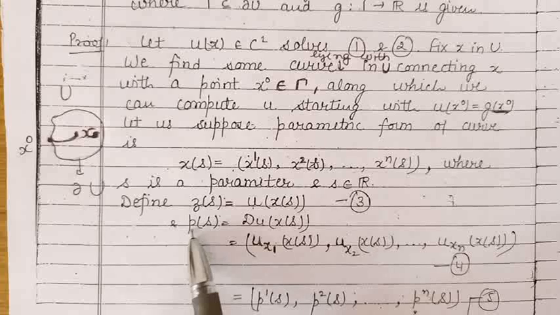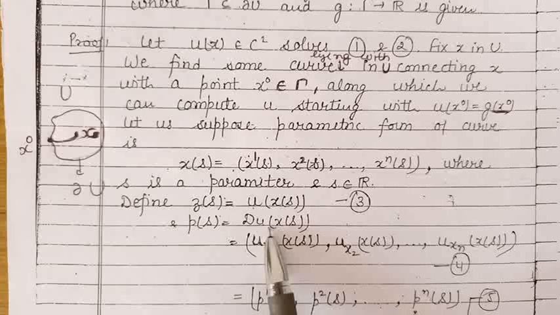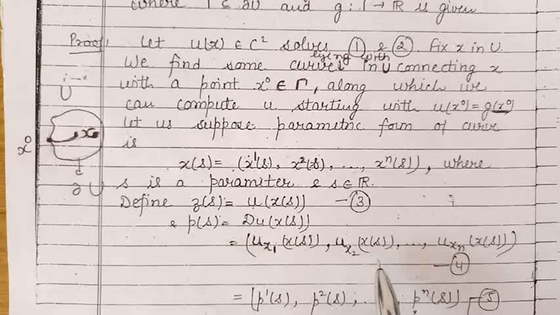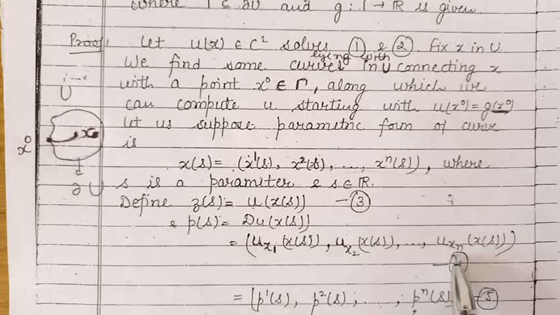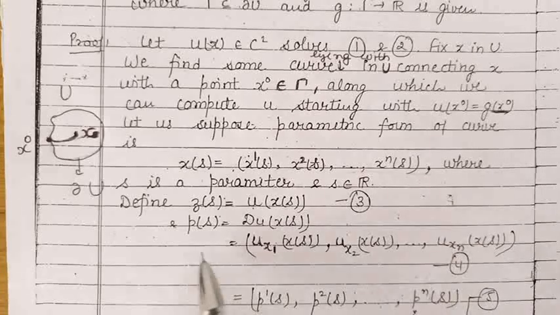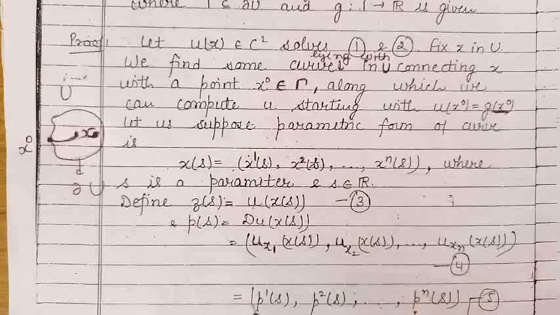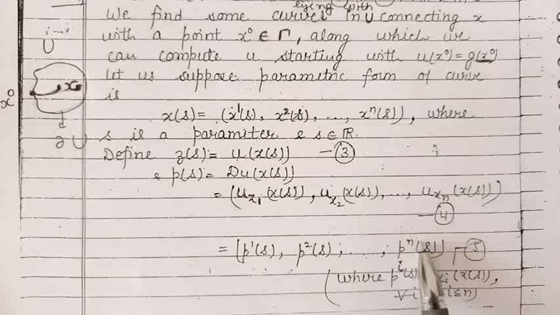And let us define p to be the gradient of function u. By definition, the components of gradient u are given by ∂u/∂x1, ∂u/∂x2, ∂u/∂x3 and so on. Last is ∂u/∂xn. Now because p is n-dimensional, we can denote its components to be p1, p2, p3 and so on up to pn.